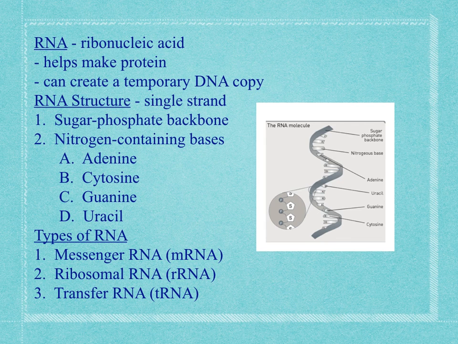And then the transfer RNA is going to be the stuff that helps bring the protein building stuff to the ribosome to help build that protein. But we'll talk about all of that a little bit more in depth when we talk about the protein synthesis and translation part of the stuff we're going to be learning about.